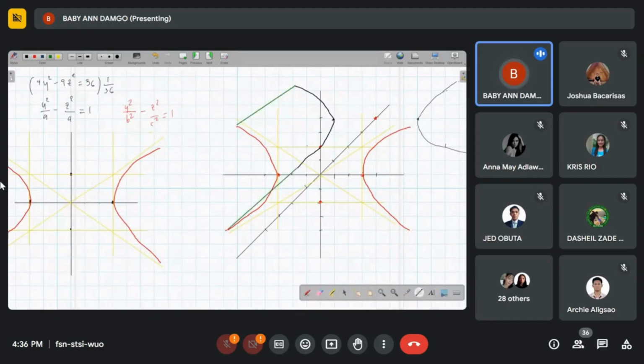This one here. Okay, and this is the graph. So if we create an imaginary line parallel to the x-axis, so we have this. This one.